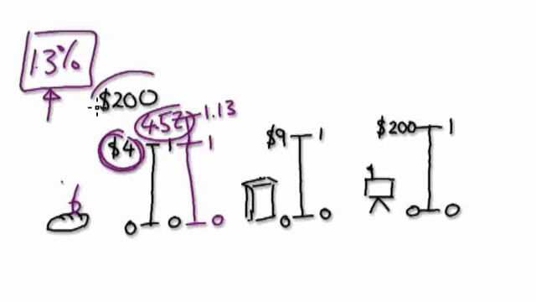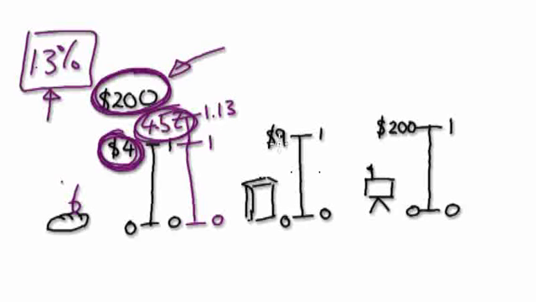So let's say you've got $200 in your bank account, and at the end of the year, your $200 will still be the same, assuming that you don't get any interest. But the point is, the price of the bread will rise to $4.52.